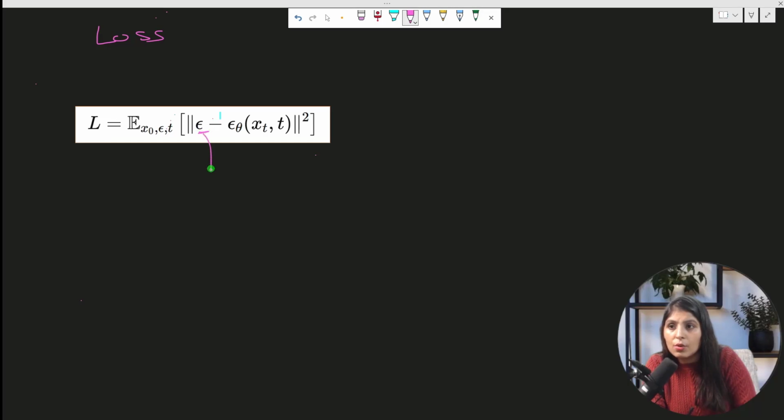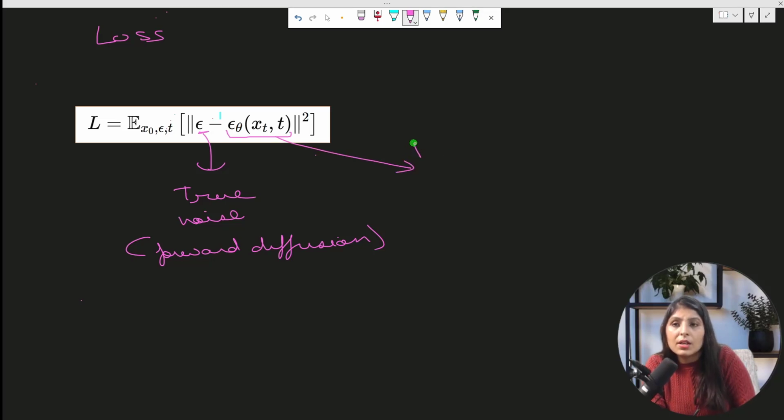This epsilon over here is the true noise. True noise means the noise which we got from the forward diffusion process, right? And this is the noise which our model predicted. We are subtracting the noise which our model predicted from the true noise, and this simply means mean square error.